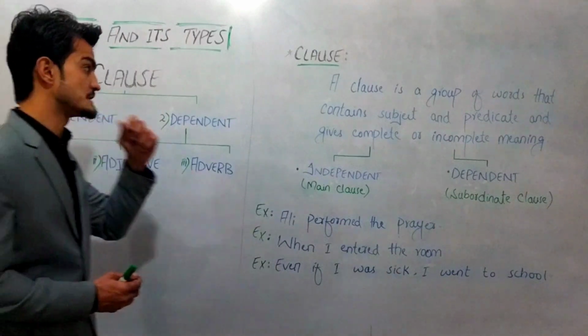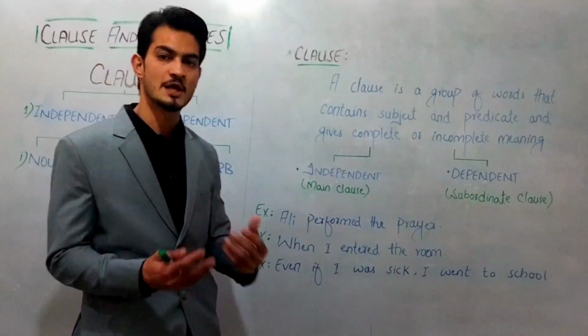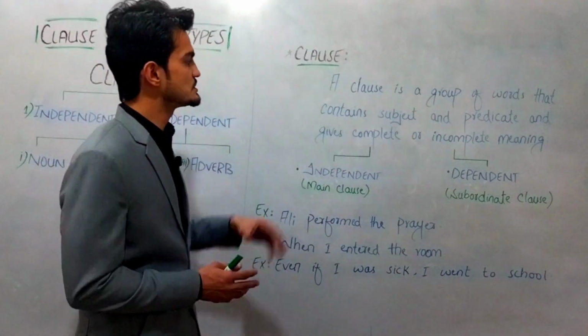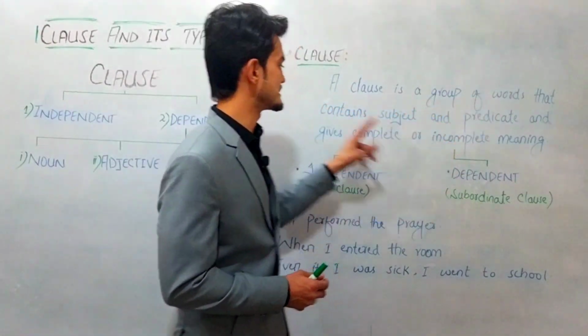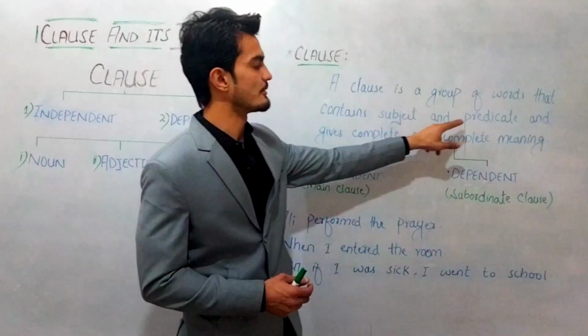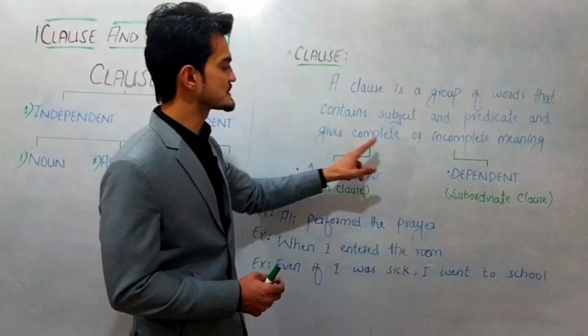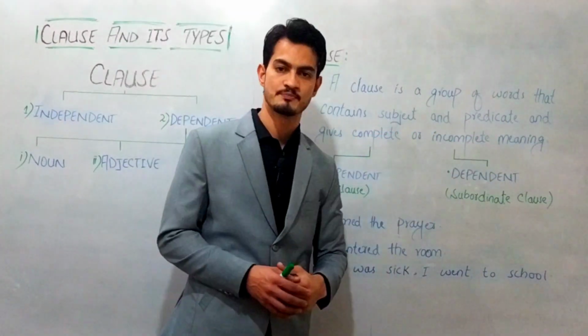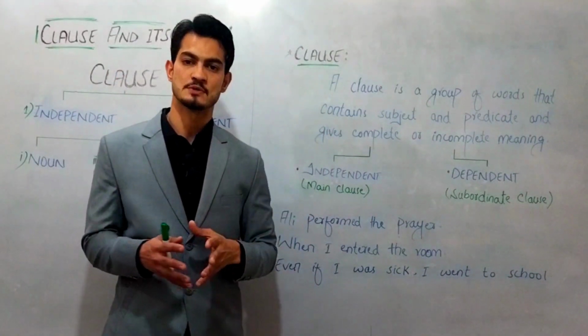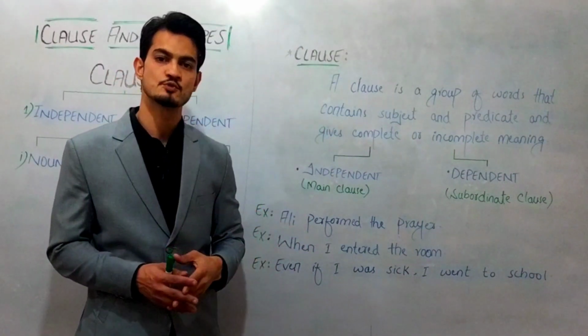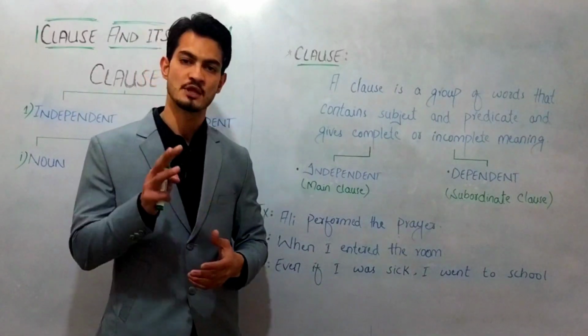Now, what is a clause? अब clause क्या है हमारे साथ? So the definition of clause is that a clause is a group of words that contains subject and predicate and gives complete or incomplete meaning. If you look at the definition of the clause, अगर आप इस clause की definition को देख लें, we have three points in that.